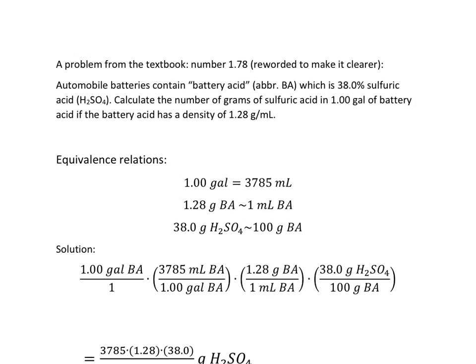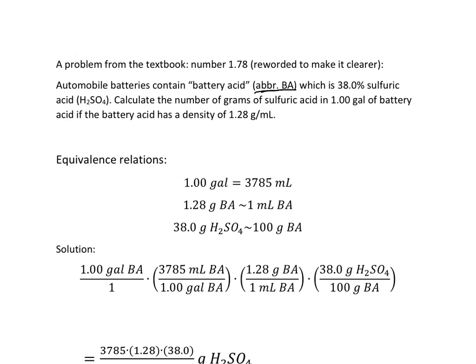So automobiles contain battery acid, which I'm going to abbreviate from here on in the problem BA. And the battery acid is 38% sulfuric acid, specifically 38% by mass.